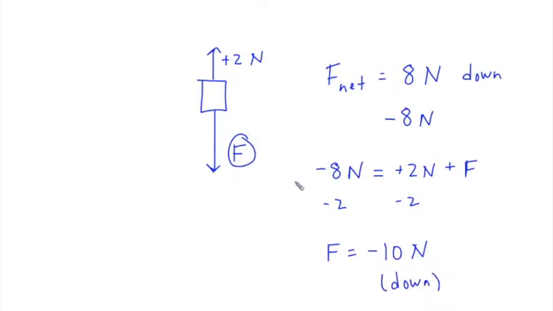So another way to think about that, if you're not familiar with writing an equation like this, you know the total is going to be 8 newtons down. That means that whatever this is has to be 8 newtons more than that, but downward. 8 newtons more than 2 would give you 10 newtons.